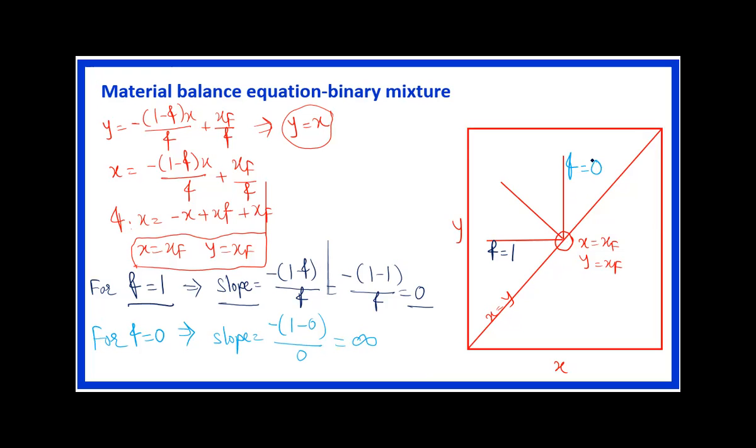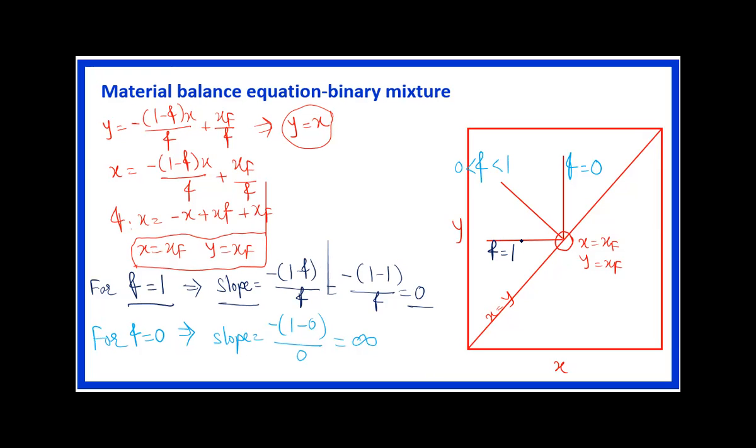And if the value of f is in between 0 and 1, then there will be certain value in between 0 and 1. So this is the condition, that is f is less than 1 and greater than 0, right? So this line lies in between these two lines, that is parallel to x and parallel to y axis, right? So these are the different conditions of flash distillation where f can be 1, f can be 0, and f can be between 0 and 1.